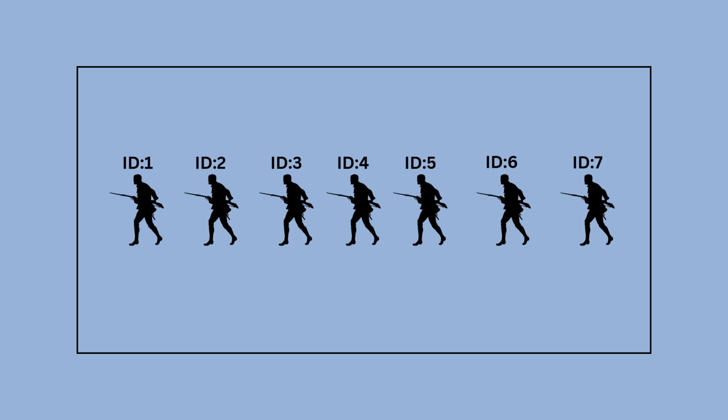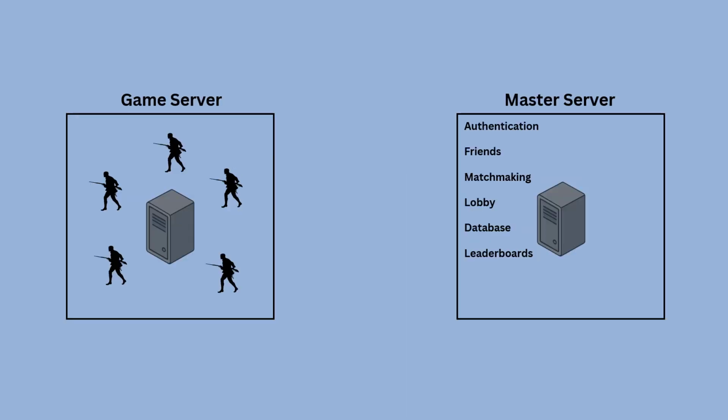In most cases, it is not wise to use the same server that runs the game simulation. So let's just ignore that and say we should, not must by the way, we should always use a separate server to do the authentication and another server to run the game simulation or data relay.